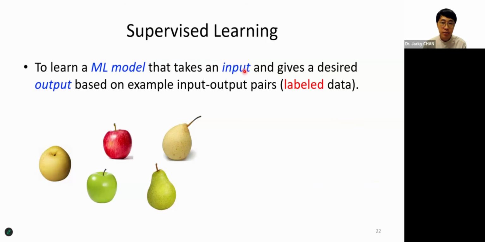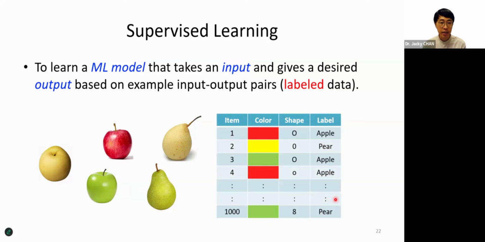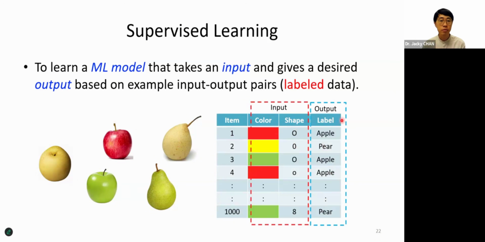Take an example. Let's say we have images of foods, apples and pears. You collect 1,000 images. For each of these images, we have some inputs: we have two features, color and shape. And then we have the output, which tells whether that image is an apple or a pear. This forms the labeled dataset.